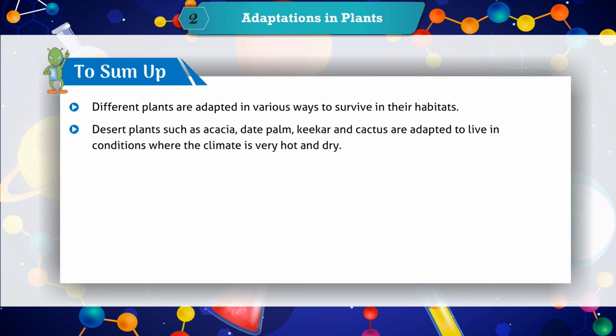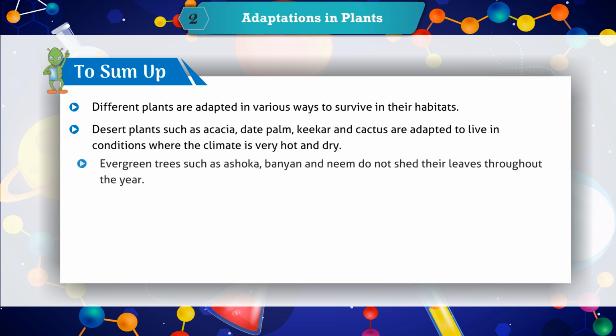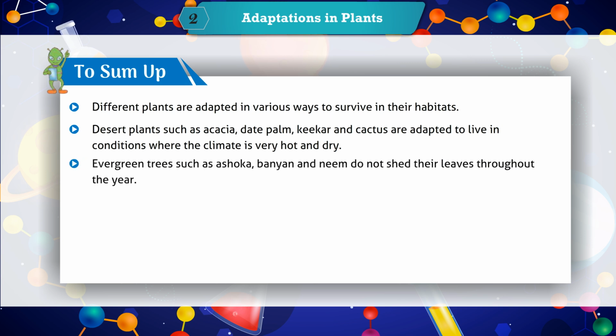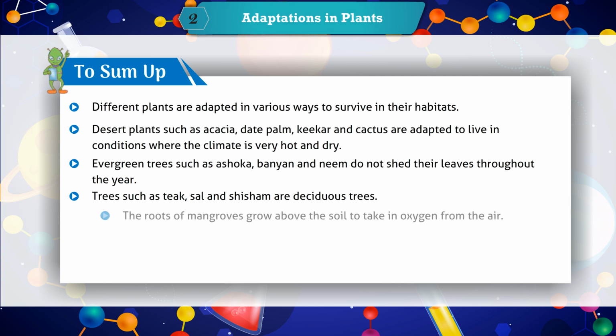Desert plants such as acacia, date palm, kikar, and cactus are adapted to live in conditions where the climate is very hot and dry. Evergreen trees such as ashoka, banyan, and neem do not shed their leaves throughout the year. Trees such as teak, sal, and shisham are deciduous trees.